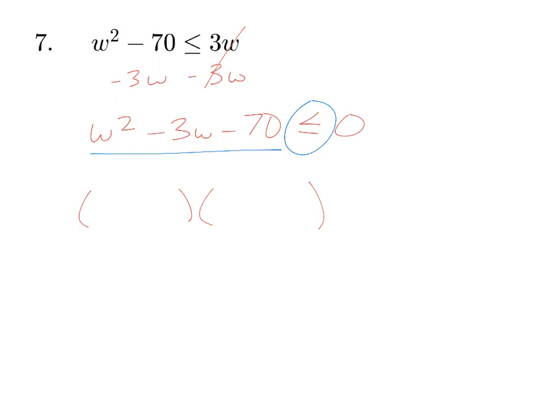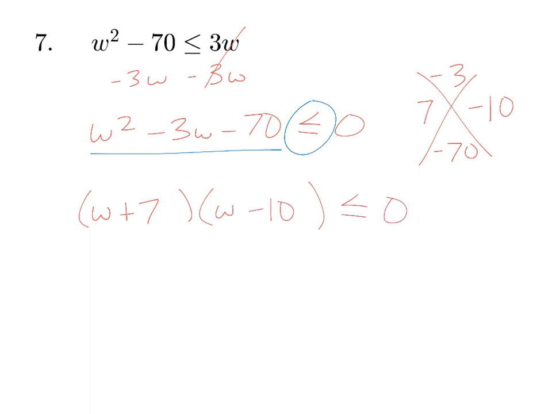So what two numbers add up to -3 but multiply to give you -70? 7 and -10. So you're going to have w plus 7 and then w minus 10. And this is less than or equal to 0.